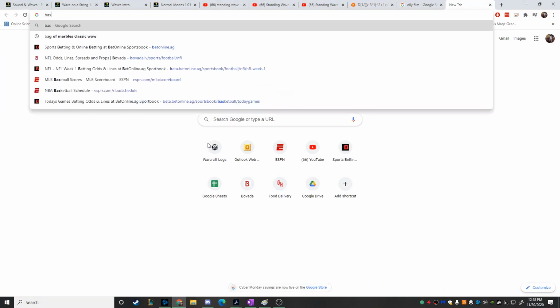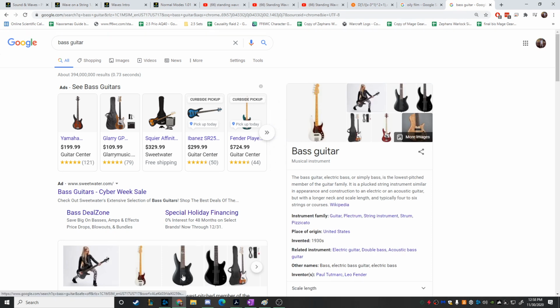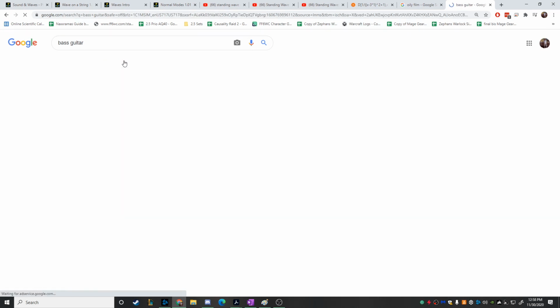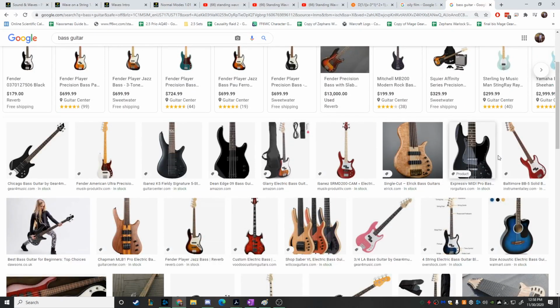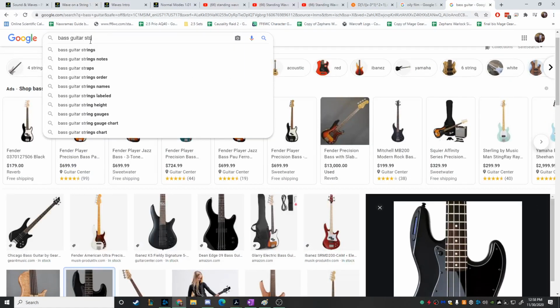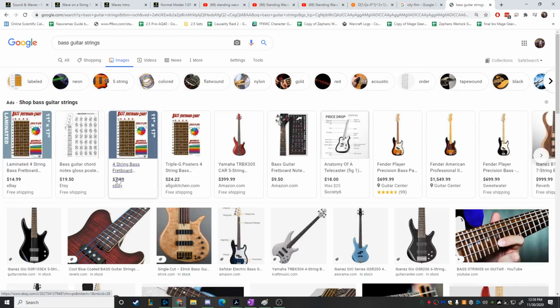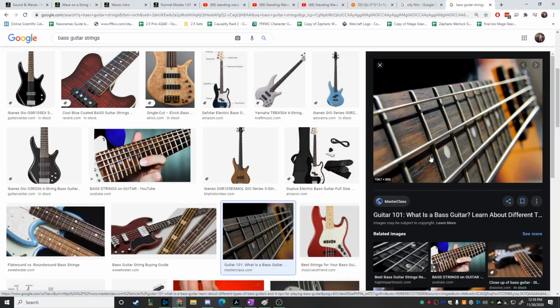Let me see if we can find a bass guitar. I don't know that any of these images are going to do it justice, but maybe we can find one where we can kind of see. What if we just search for bass guitar strings? That one kind of does it justice, right? You can see those are really thick.